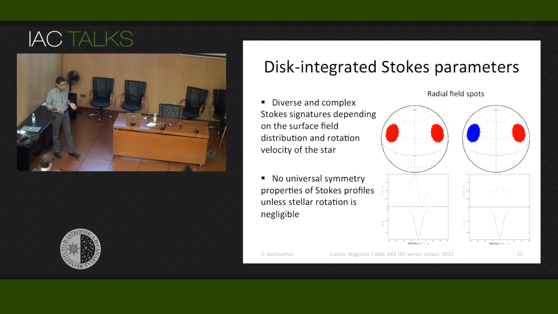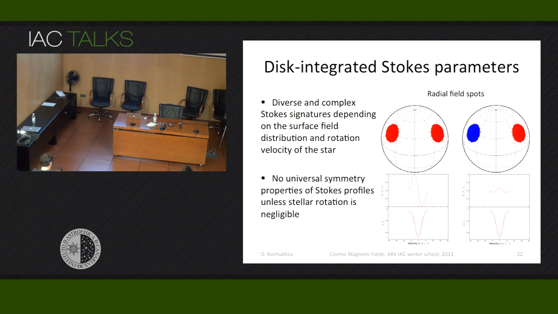So first of all, these things about universal symmetry characteristics of Stokes parameters, all this is gone. Unless we have zero rotation, unless the star is not rotating, we can't say anything about symmetry properties. For instance, this is illustrated here.